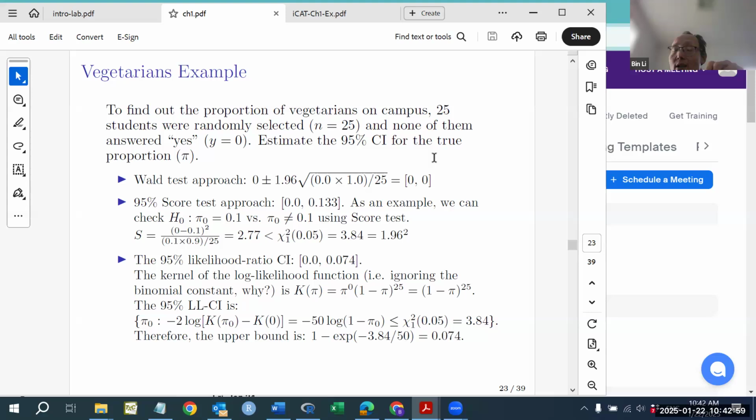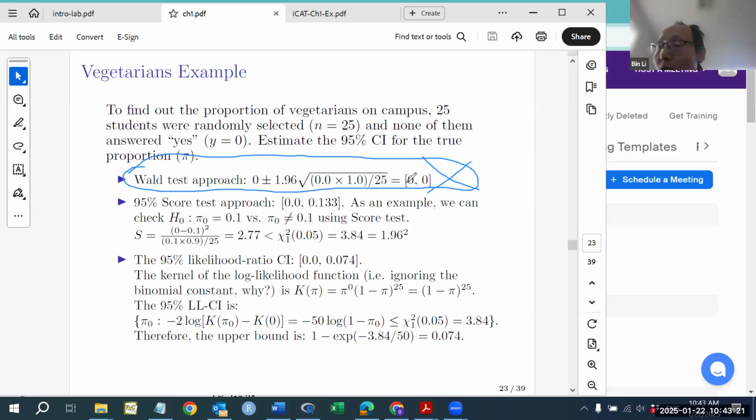It should not be just a point, it should be an interval. So from this example, we know that the Wald test doesn't perform well in the small sample and unbalanced case. And you may ask why? Because the normal approximation doesn't work. np is not greater than 5. np actually is 0. So that's why the central limit theorem and normal approximation don't work here.